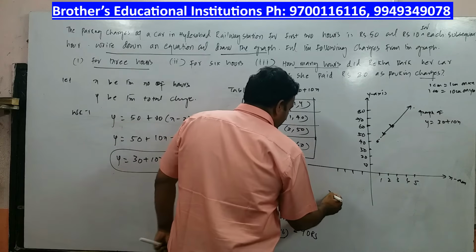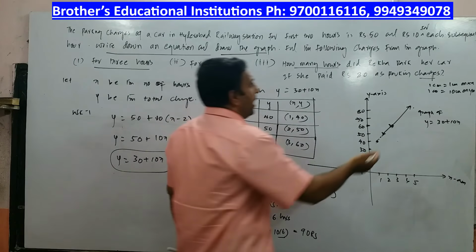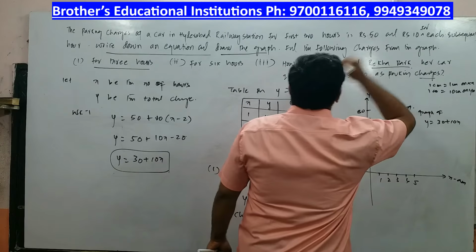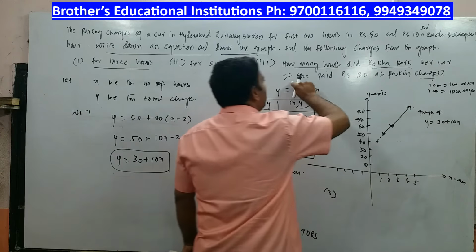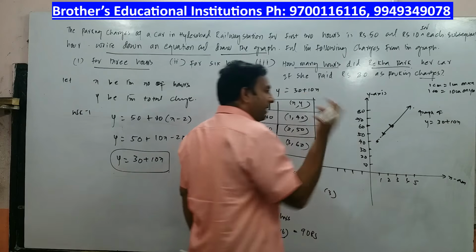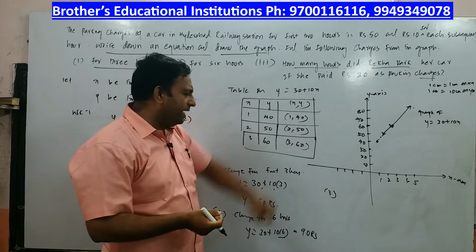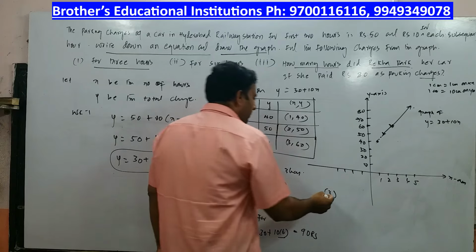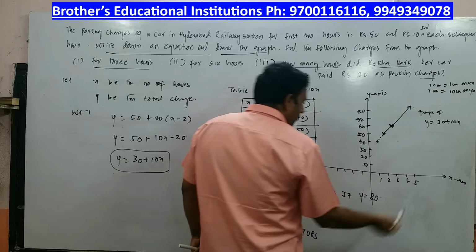Now there is a third bit given to you. How many hours did Rekha park her car if she paid rupees 80? She parked her car and at the end of the day she has paid rupees 80. So if Y is equal to 80, what is X?